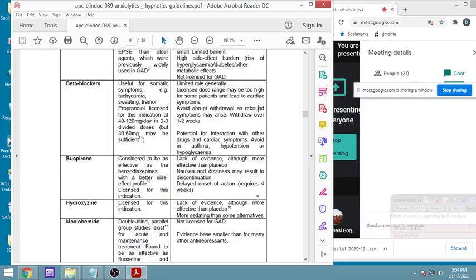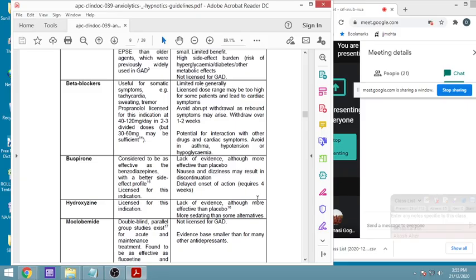That is the problem. Then hydroxyzine, it is licensed for anxiety disorders, but again the class of recommendation is such that the evidence is not clear and sufficient clinical trials are not there. Though it shows more effectiveness than placebo, we don't have enough data available for its actual activity. It can be more sedating than other agents which are available.